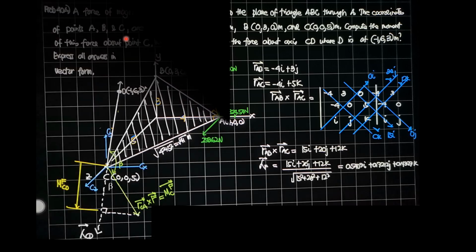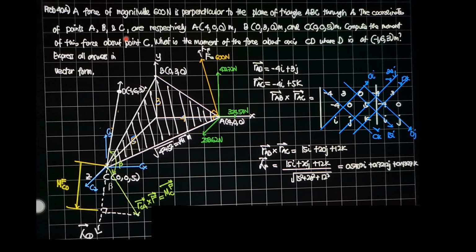So we use the vector product, and in some cases the mixed product, to address computation of the moment of a force about an inclined axis. And then we use that idea to determine the perpendicular distance between the force and this inclined axis here.